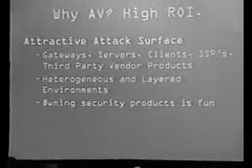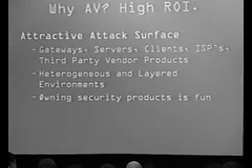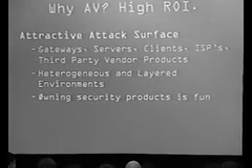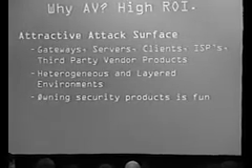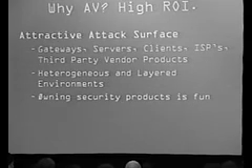Okay, so we're going to start off with explaining why go after AV. Why is it interesting? The summary reason is it has a really high ROI. You get a lot of bang for your buck. What we mean by that is these libraries run on pretty much every system available. Gateways, clients, servers, ISPs implement them, if you've seen the AOL ads and such.